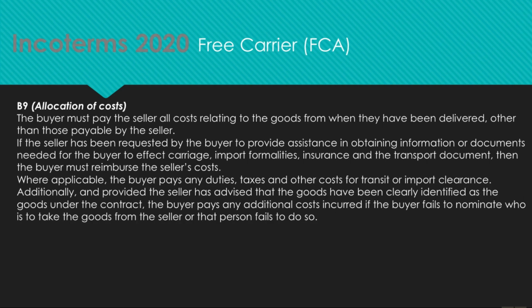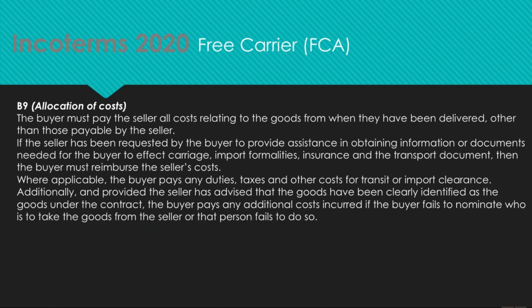B9. Allocation of costs. The buyer must pay the seller all costs relating to the goods from when they have been delivered, other than those payable by the seller. If the seller has been requested by the buyer to provide assistance in obtaining information or documents needed for the buyer to effect carriage, import formalities, insurance, and the transport document, then the buyer must reimburse the seller's costs.